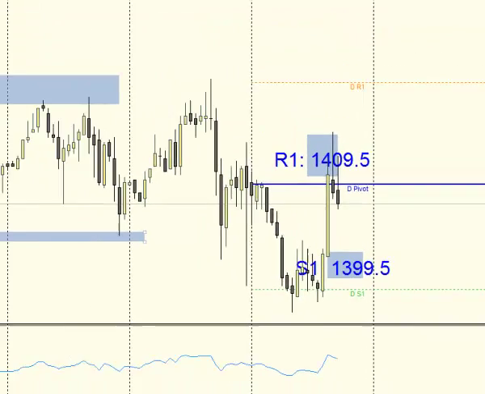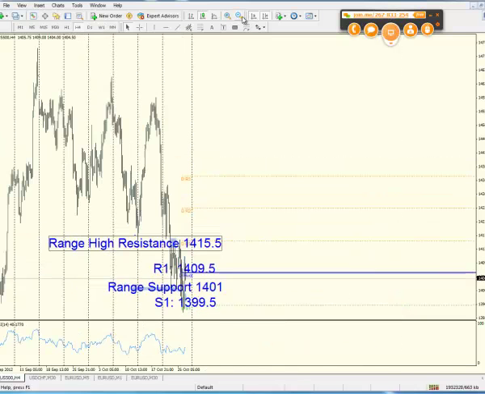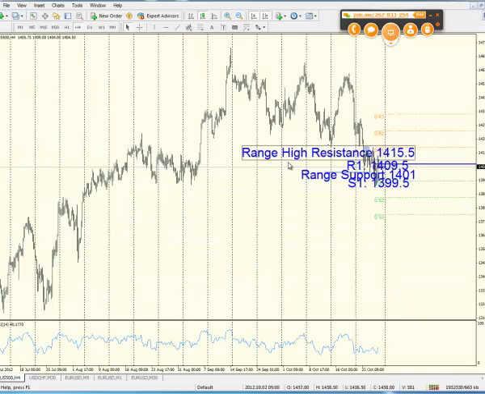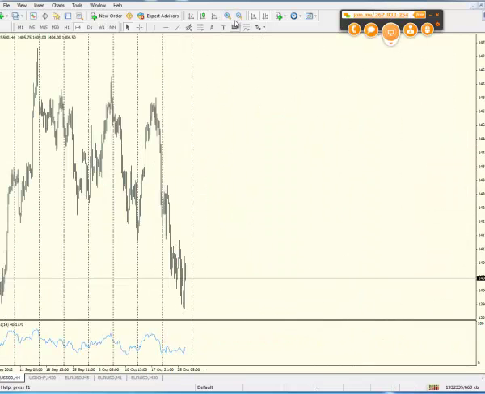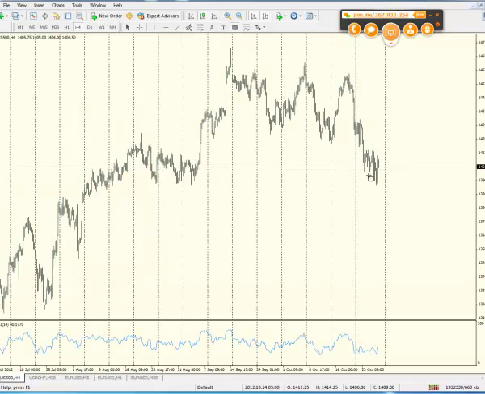On the bigger picture, when we zoom all the way out, I have all these words all over the place, so let me just erase everything. But this formation on the bigger picture is not exactly bearish. That's a bullish formation. It's not a flag anymore.